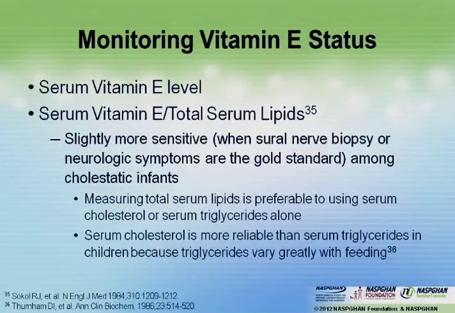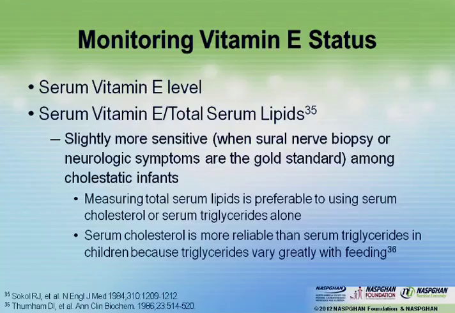Ron Sokol, when he was in Cincinnati, did sural nerve biopsies in a group of patients and correlated vitamin E levels with abnormal sural nerve biopsies. What he showed was that serum vitamin E was pretty sensitive, but there was a handful of patients, 2 or 3 patients, who had normal vitamin E levels and an abnormal neurologic exam and sural nerve biopsy.